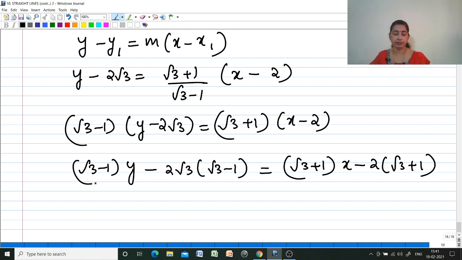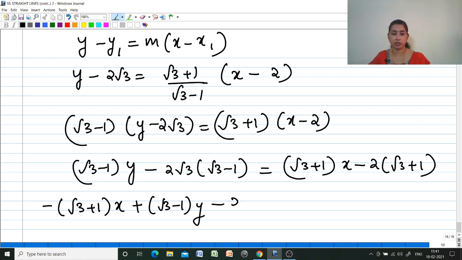All x values and y values we can bring to one side. So minus of root 3 plus 1 into x plus root 3 minus 1 into y, minus, opening the bracket, 2 root 3 into root 3 plus 2 root 3, is equal to, taking this also to this side, plus 2 root 3 plus 2 is equal to 0.